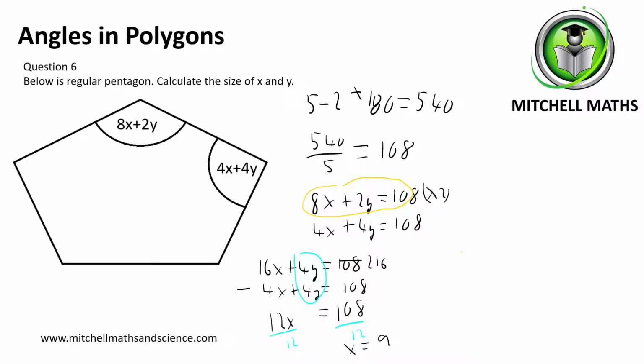So I know that 8 times 9 is 72, plus 2y equals 108. I'm going to take off 72 from both sides. If we take away 72, we get 2y equals 36. Finally, I'm going to need to divide by 2. If I divide 36 by 2, I will get y equals 18.